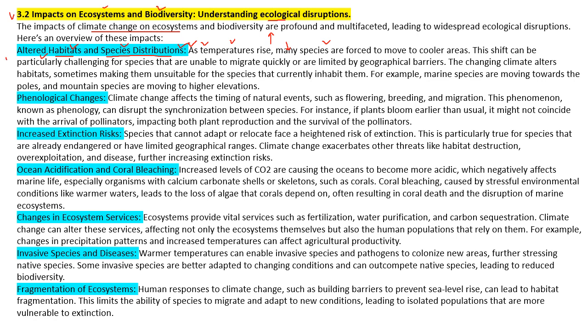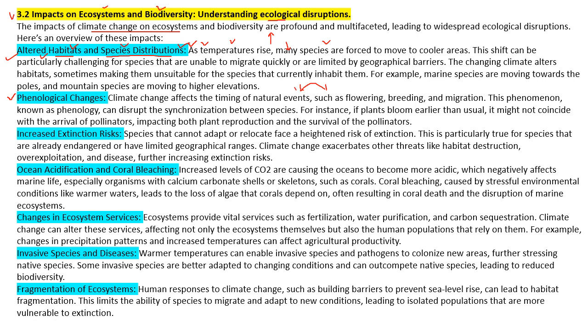Then the second is phenological changes. Phenological changes means every plant has a life cycle. For instance, rice. You are growing rice for maybe 3 or 4 months.